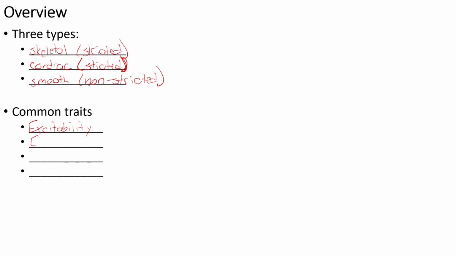They are all elastic, so they can change their shape and return to their original shape. They are extendable, and they can be stretched. And they all have contractility, so they all can be contracted. So those are the common traits between all muscles.